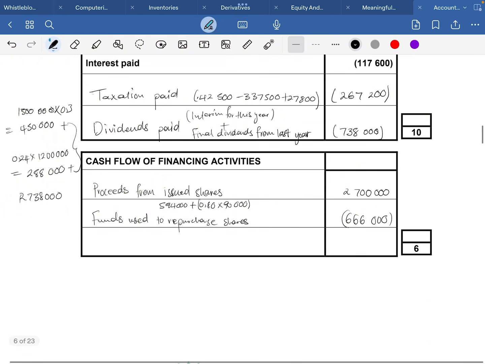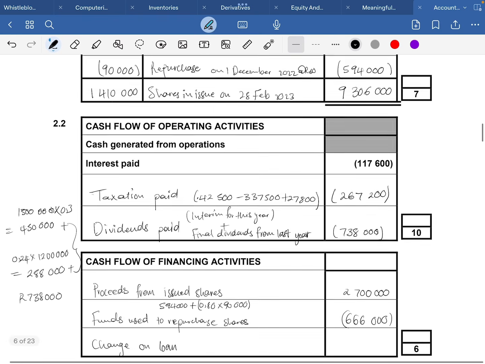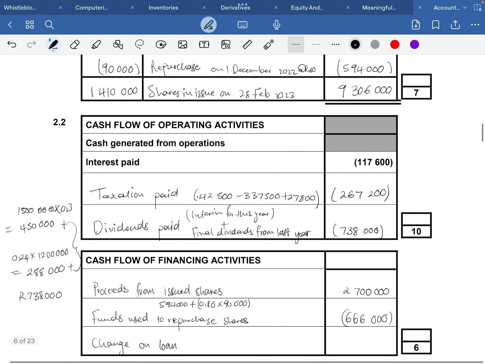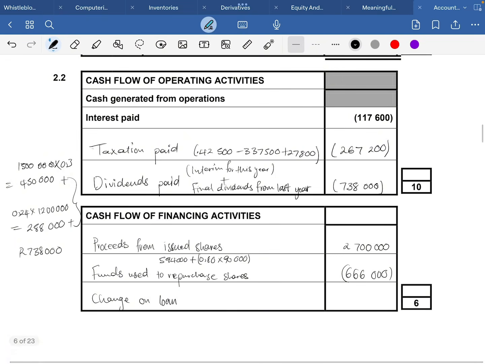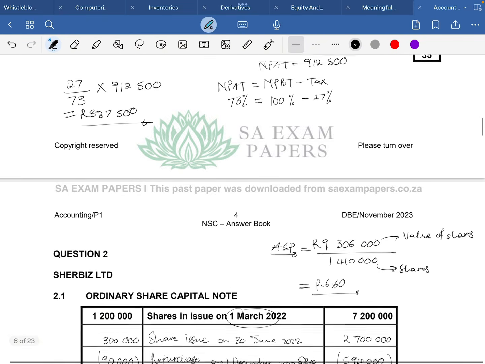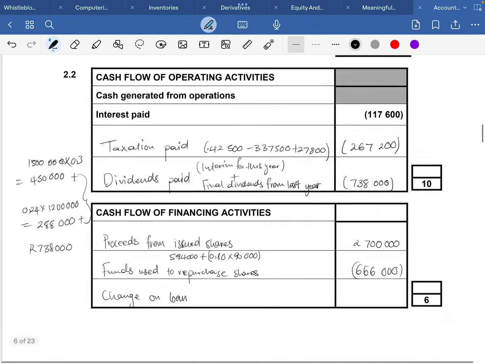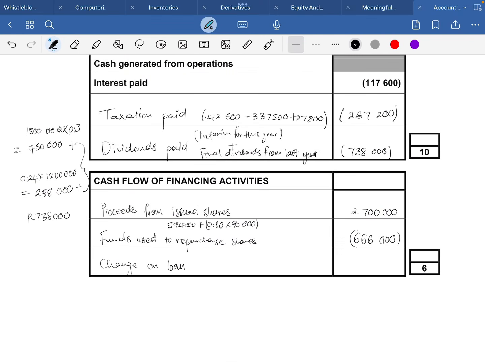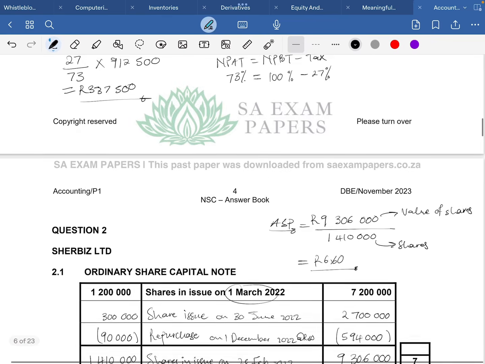Then now coming to the last one, we will have our change on our loan. We just want to see what happened to our loan, but most definitely we have paid the loan. We have not taken out any loan, so it can't be an inflow. So we just note that it will be an outflow, and then we'll get on with our calculations.